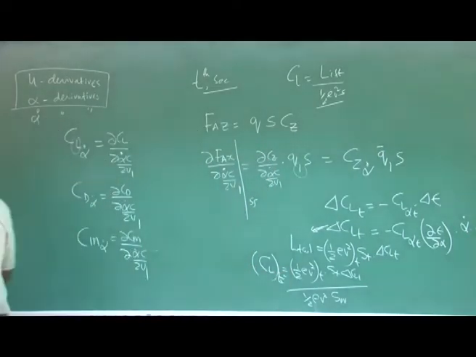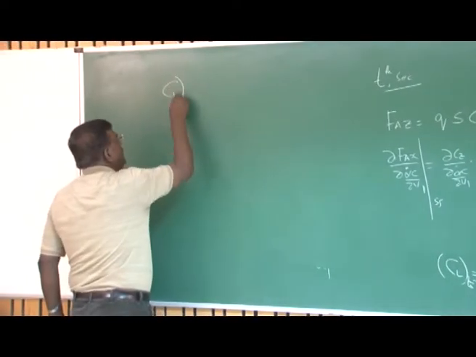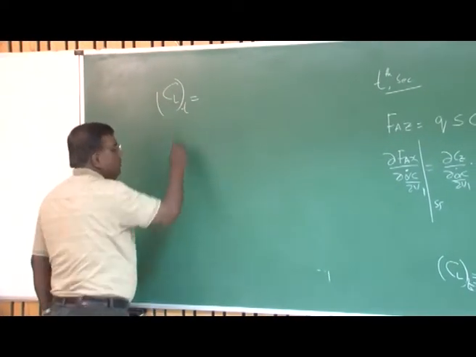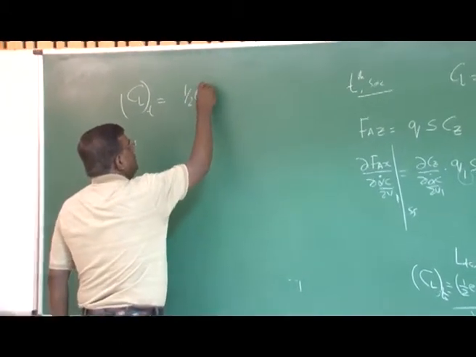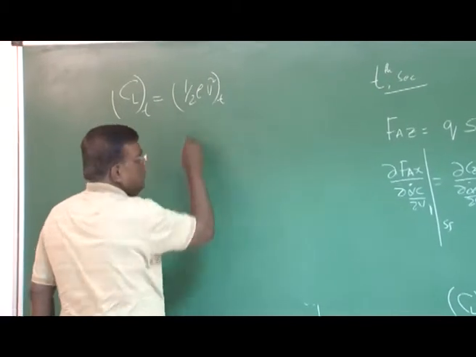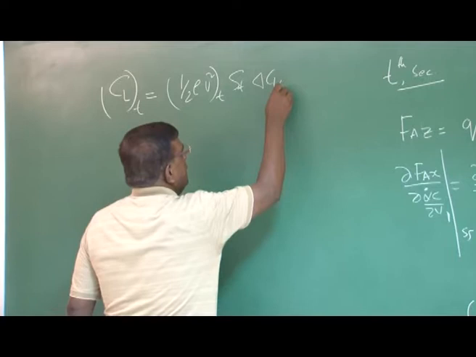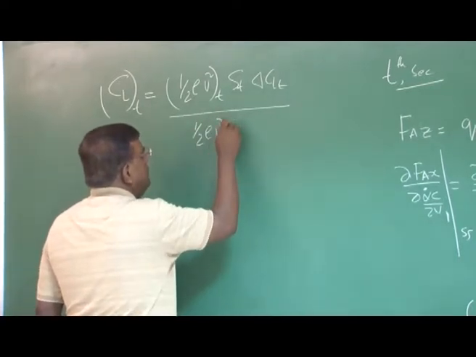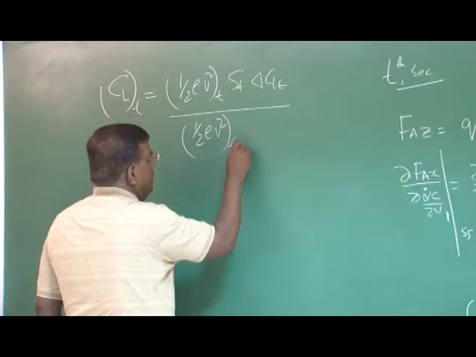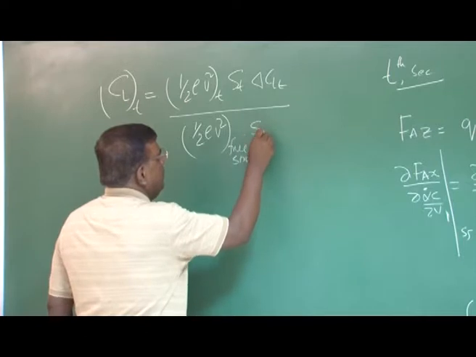Now, if I write CL because of tail, non-dimensionalized in the standard form, we write half rho v square tail into S tail delta CL tail by half rho v square free stream, which is standard, into S of wing.